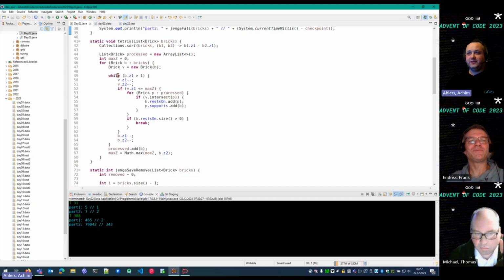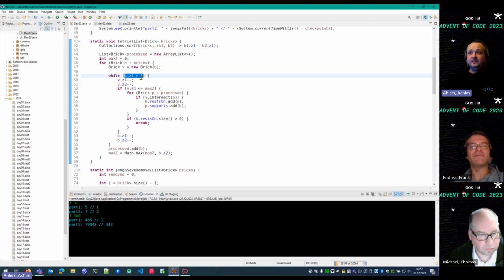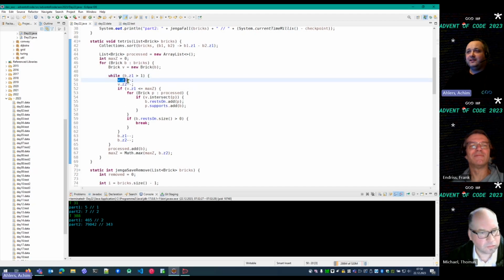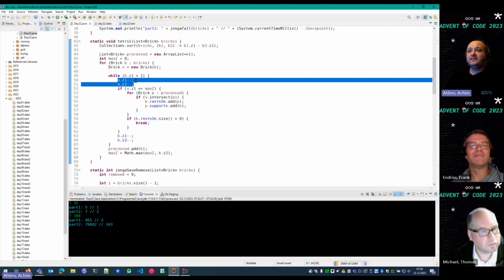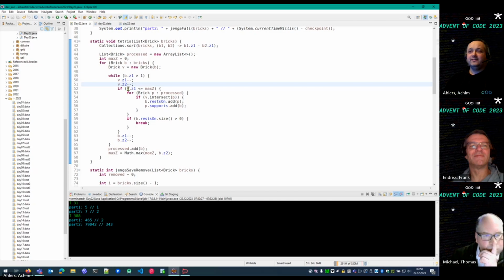That's why this while loop terminates once the brick reaches level 1. I implemented this very basically. I create a copy of that brick, remove the brick's z coordinate, and check whether the copy is still above the highest already positioned brick.